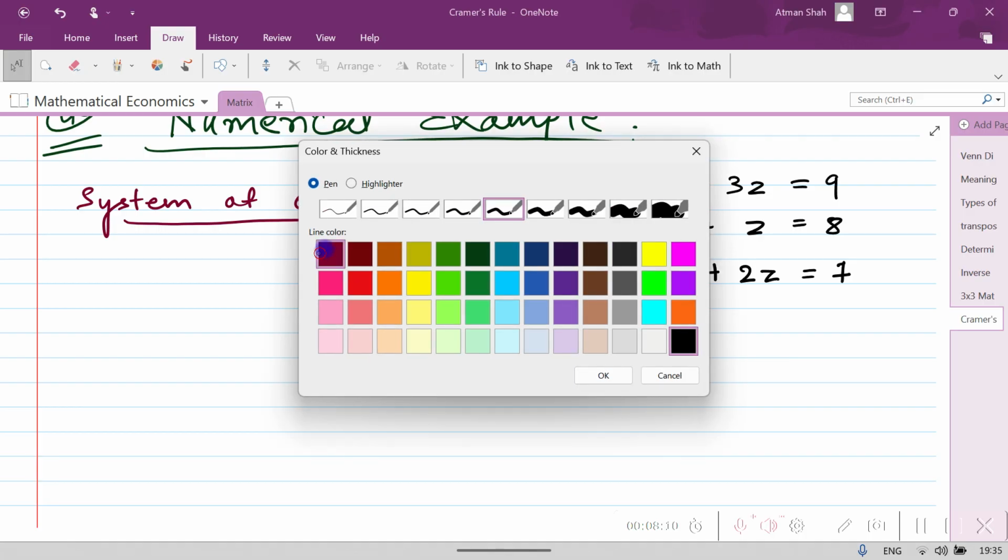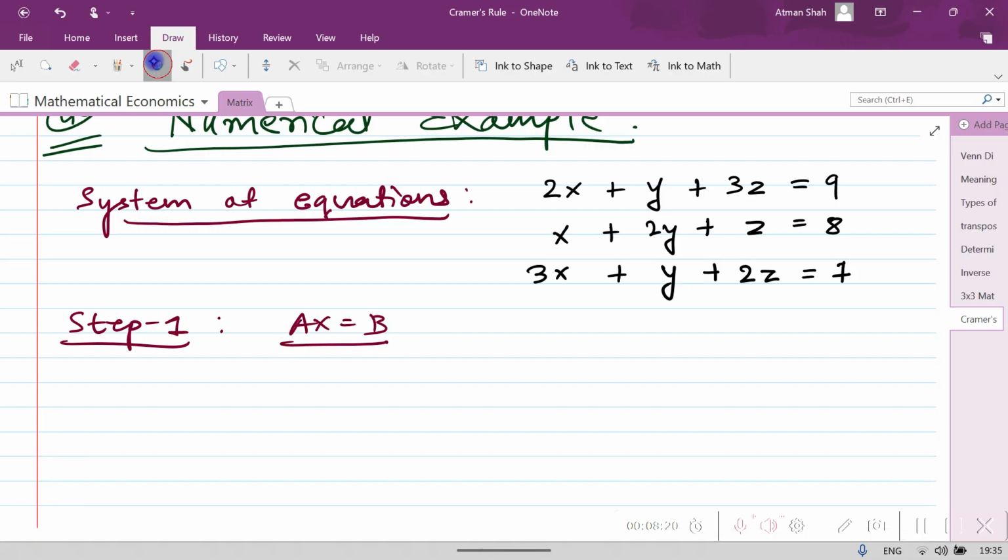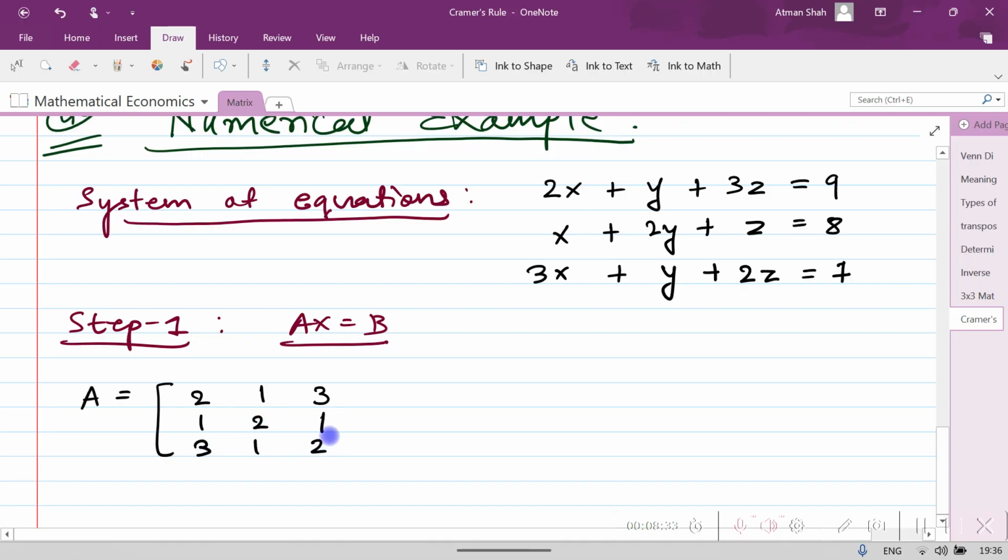Step number 1. Let's solve it step by step. Write this equation in the AX is equal to B format. So A is equal to 2, 1, 3, 1, 2, 1, 3, 1, 2.